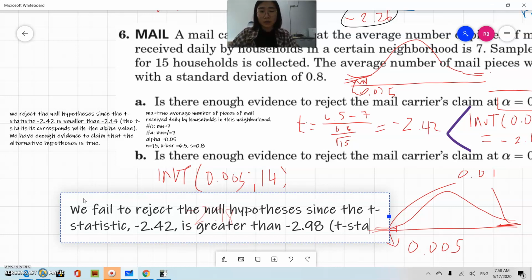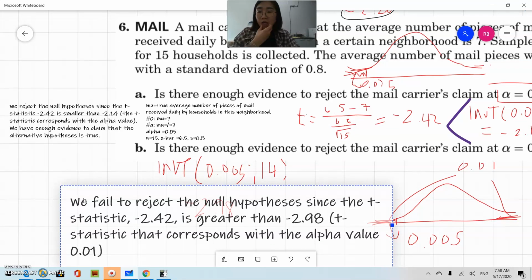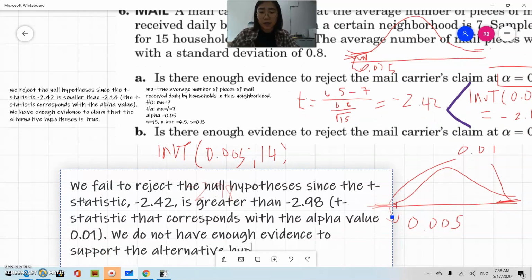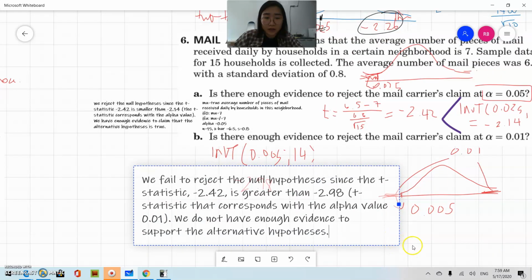T statistic that corresponds with the alpha value 0.01. That means we do not have enough evidence to support the alternative hypothesis. That's it. That's it for part B. And actually, that's it for this lesson.